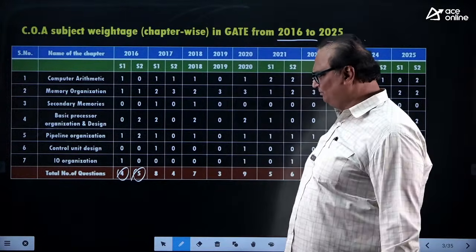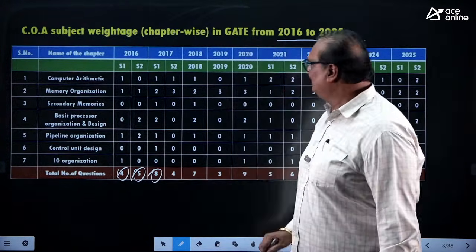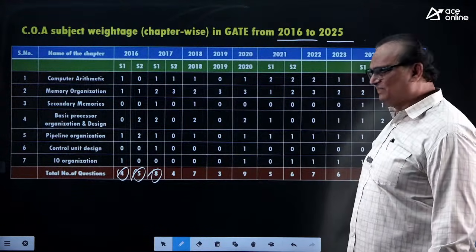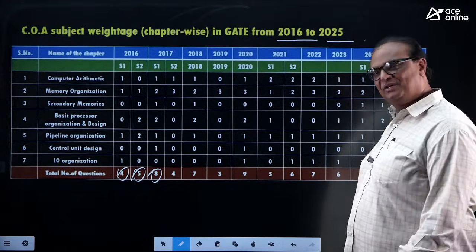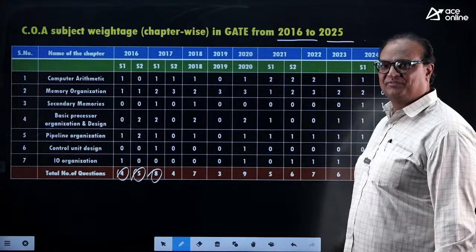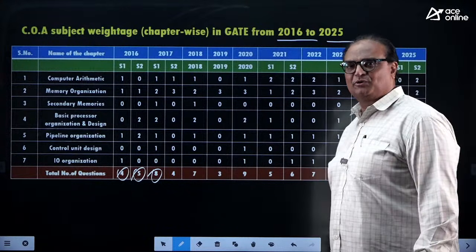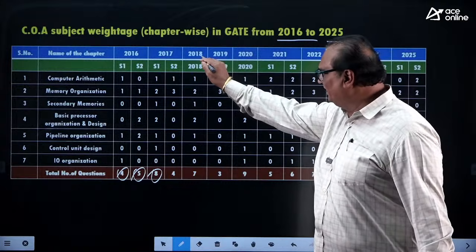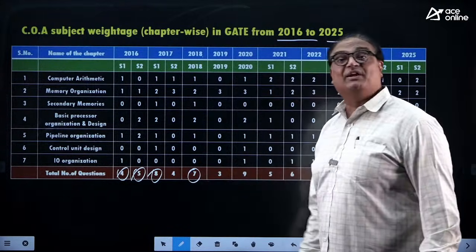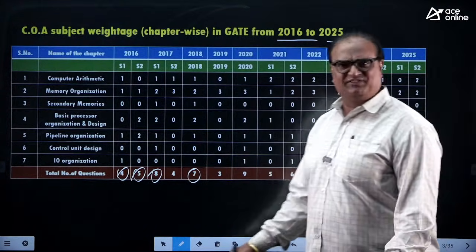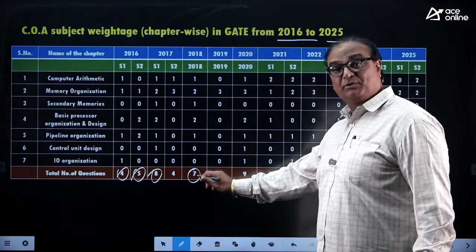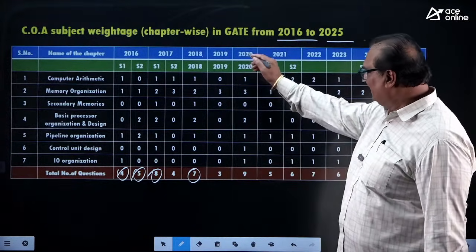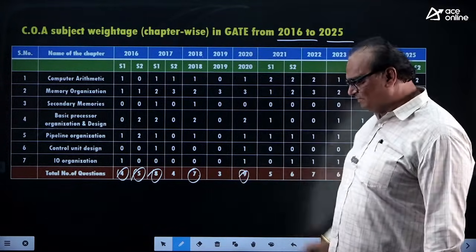Set 1, 4 questions. 2017, 8 questions. If you watch this table, you can understand the importance of this subject. It plays an essential role in achieving a rank in the GATE exam. Next, 2018: out of 65 questions in the GATE paper, 7 questions are from only our subject.